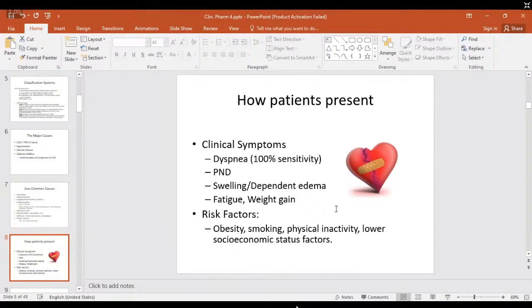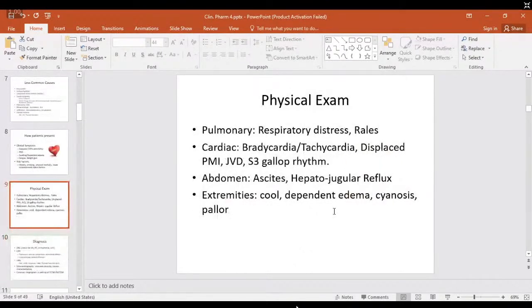Another thing that is very important in examining these patients with heart failure is, of course, the physical exam. Most commonly, when you auscultate these patients, you can hear rales. They're usually found in the pulmonary base.